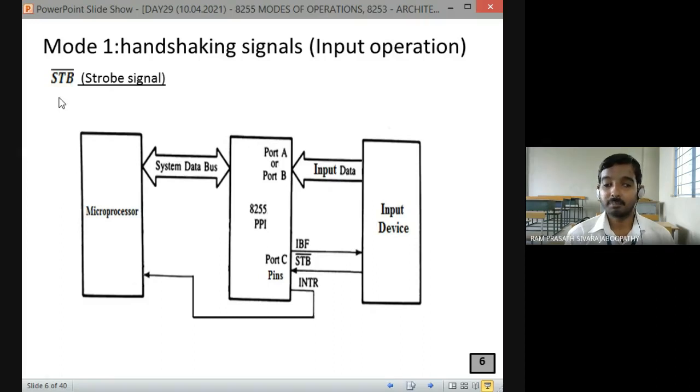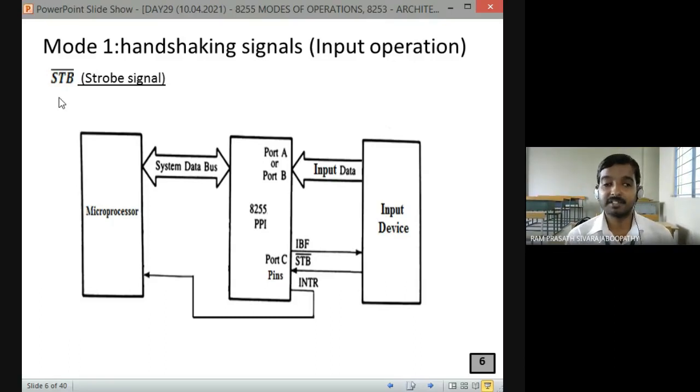Yes, from the input device to 8255. In terms of meaning, the input device is telling the 8255 IC that I have some data which needs to be transferred to the microprocessor. In simple IO mode, the processor reads data whenever it wants. If the input device is not ready, you will get some error data.